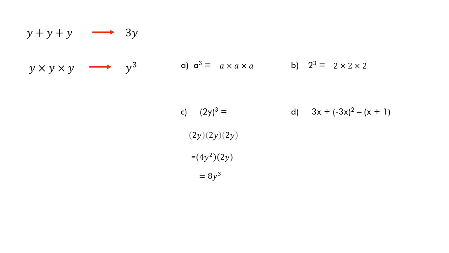In our example D, we have 3x by itself, and then we have negative 3x in brackets to the exponent 2. That means that the negative 3x to the exponent 2 can be rewritten as negative 3x times negative 3x, eventually resulting in 9x squared plus 2x minus 1.